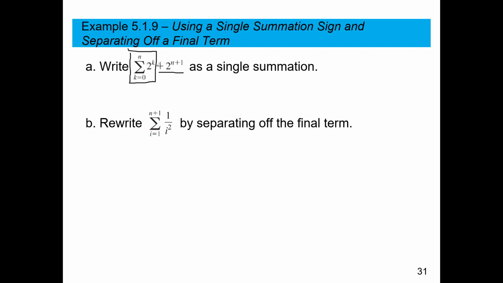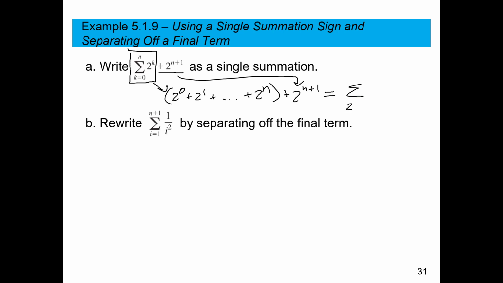Well, notice what I'm really doing. This first summation is going to come to be 2 to the 0 plus 2 to the 1 plus up to 2 to the n. That is going to be that part. And if I add on to that 2 to the n plus 1, that's the same thing as if I had just added up the whole time.